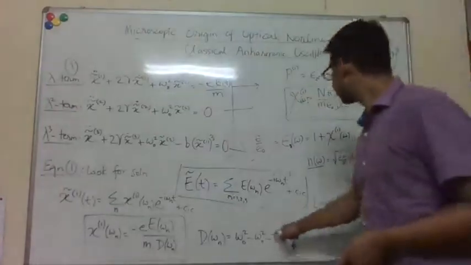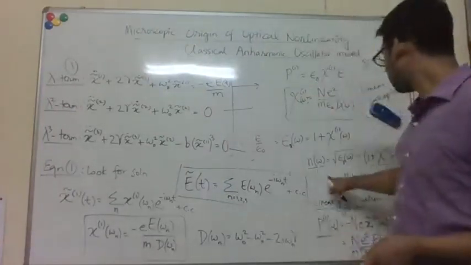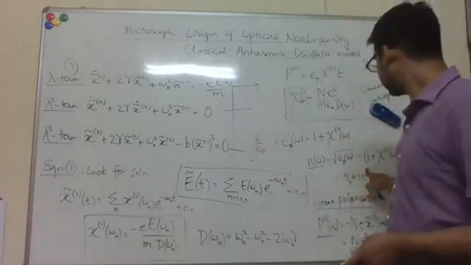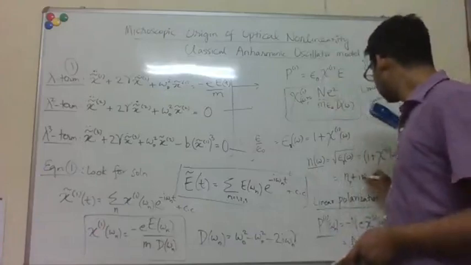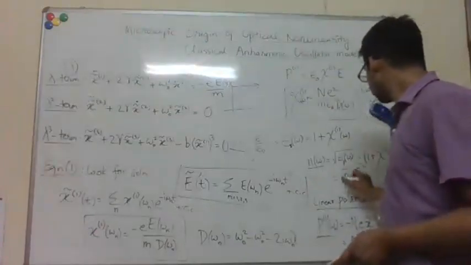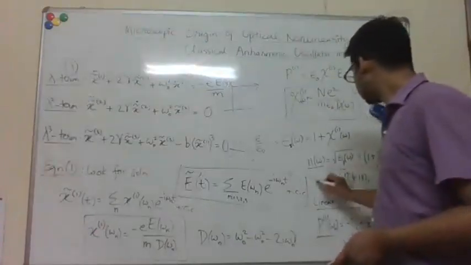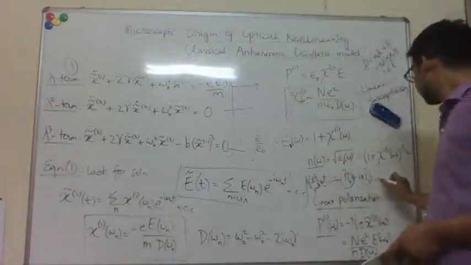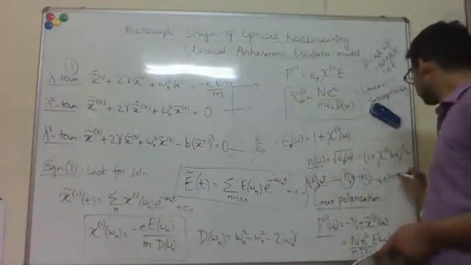Right, so you can see that this has some functional form. So I can plot the real part of the refractive index and the imaginary part. This is the refractive index, and this gives me absorption.